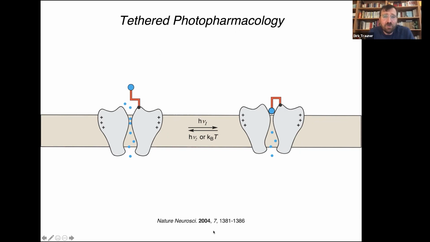And in this very early version from 2004, we tethered an extracellular blocker, a tetraethylammonium ion, to the surface of a voltage-gated potassium channel, and with that we could unblock it if the azobenzene was in the trans form, or block it when the azobenzene was in the cis form.